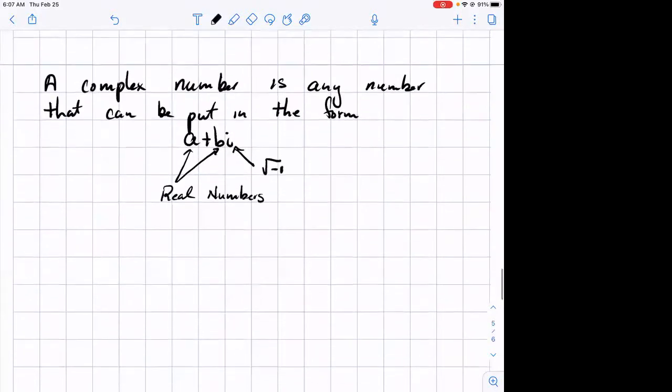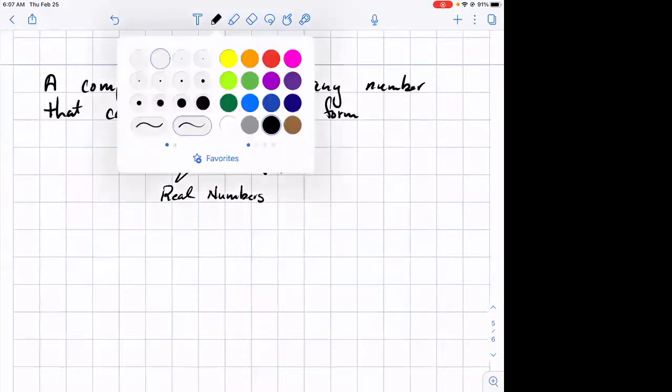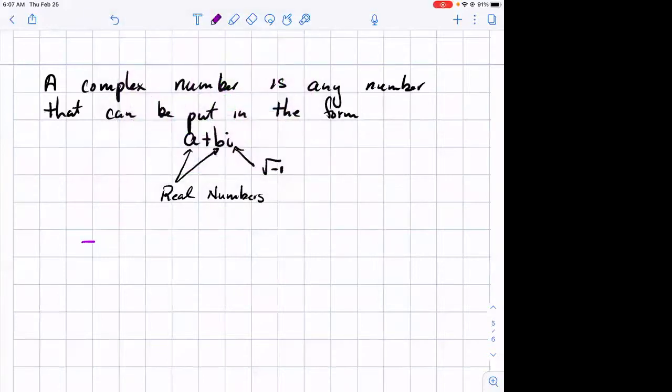The form a plus bi is what we call standard form for complex numbers.